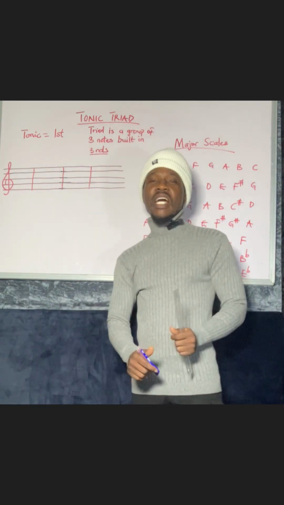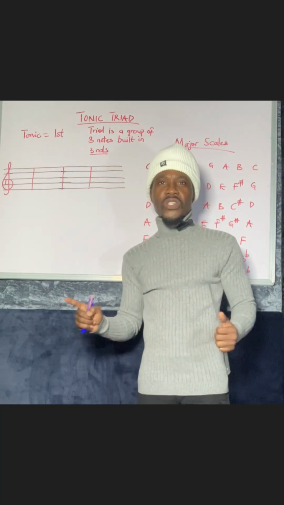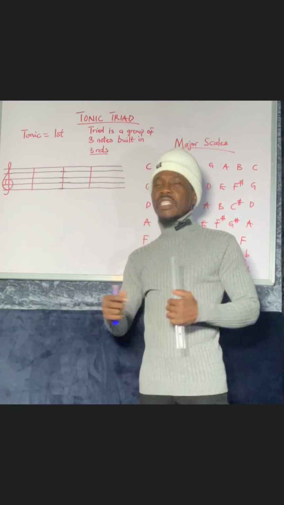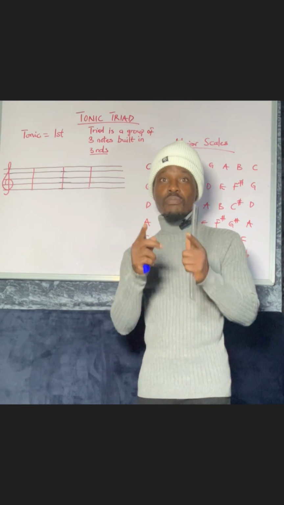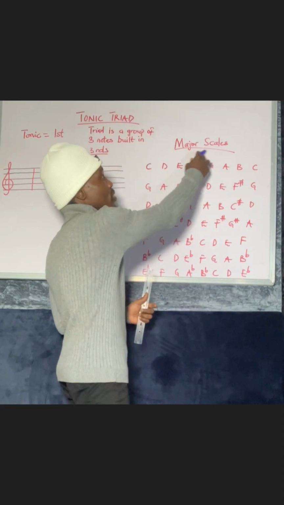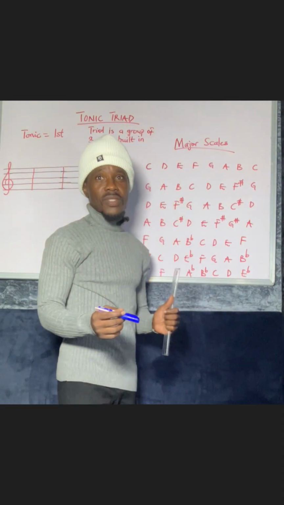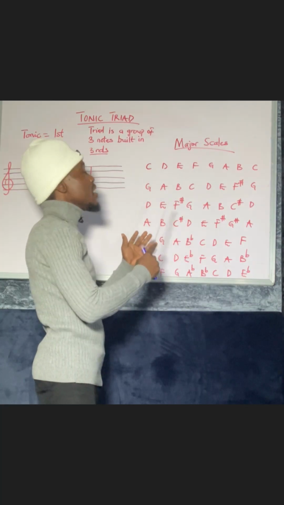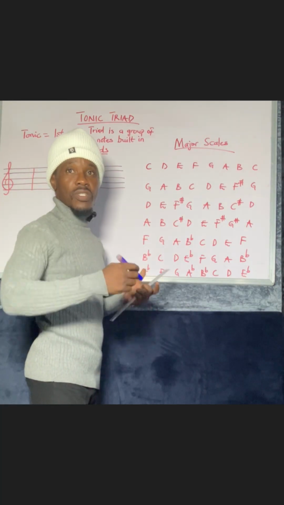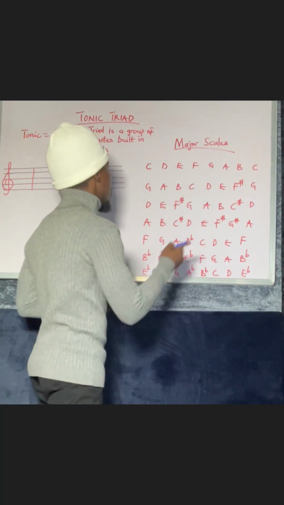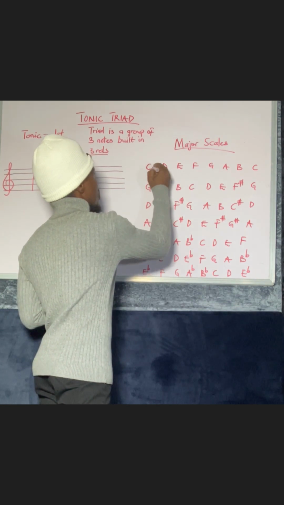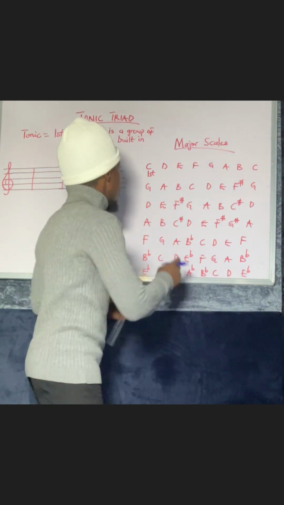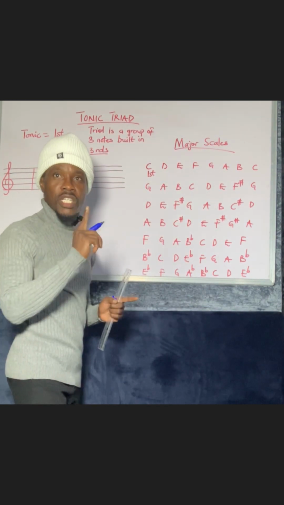Tonic. Tonic actually means the first note of a scale. Any type of scale. We have different types of scale in music, but here we are looking at major scales. Okay, so in the scale of C major, C is the first note. Therefore, C is a tonic. In the scale of G major, G is the first.